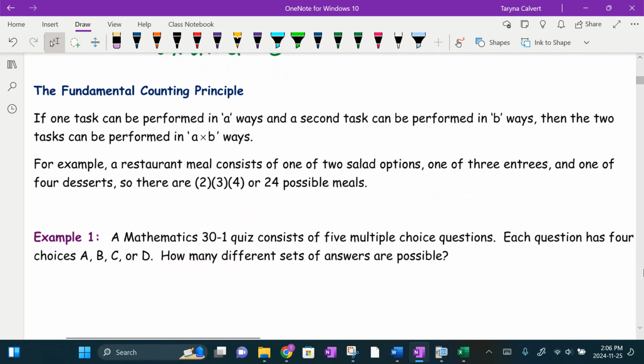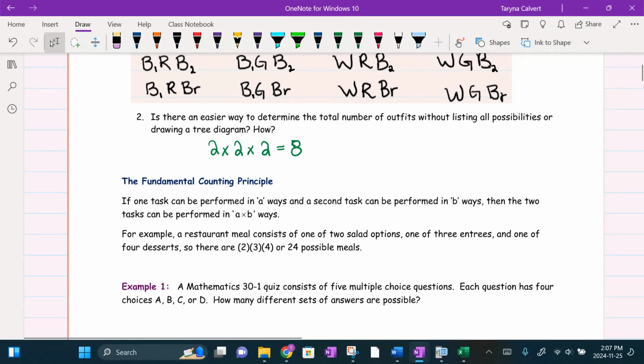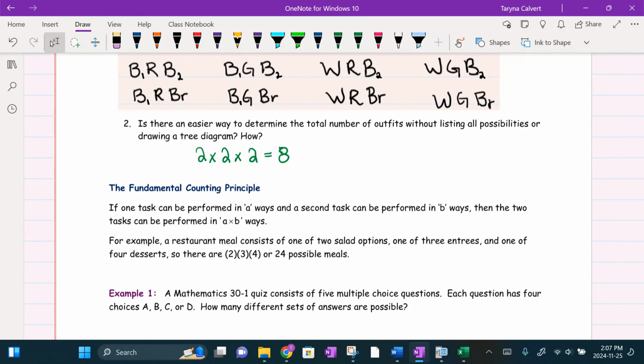So again, if we're making an outfit, if there's 2 shirts we can pick, and 2 different shorts we can pick, and 2 different sets of shoes we can pick, how many outfits are possible would be A times B times C in this situation, where A is representing shirts, B is representing shorts, and C is representing our sandals. That's a fast way to get how many arrangements or outfits in this case we can get.